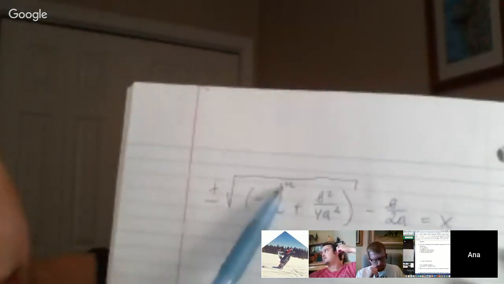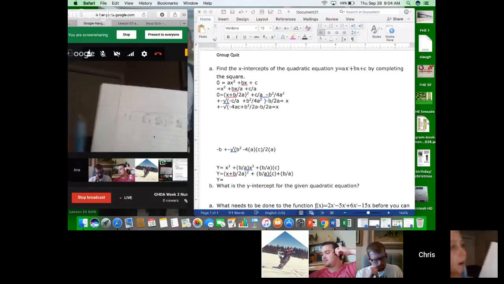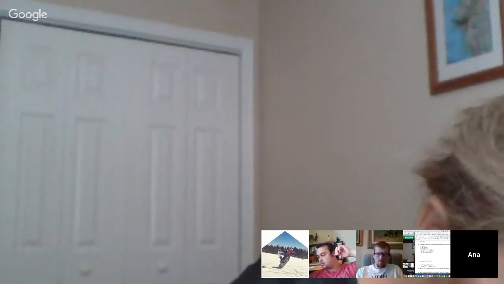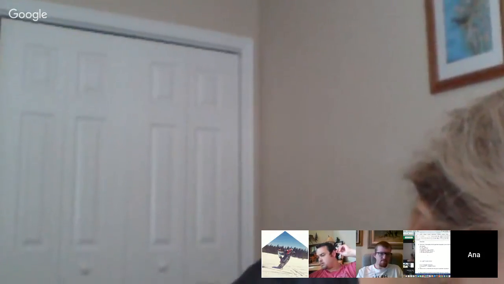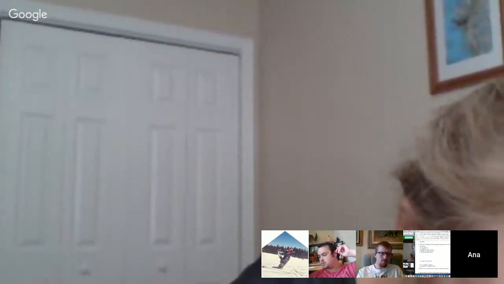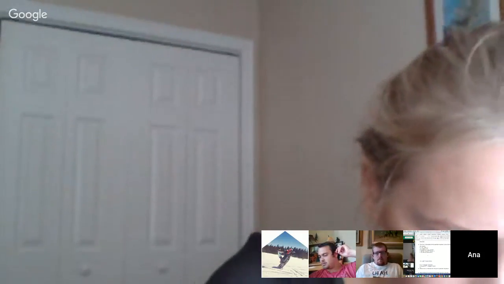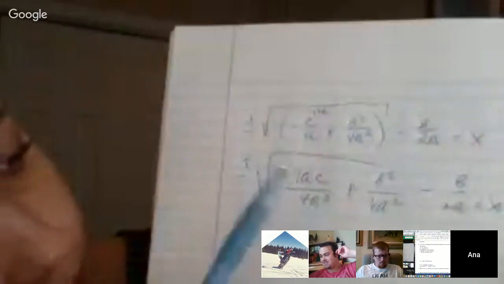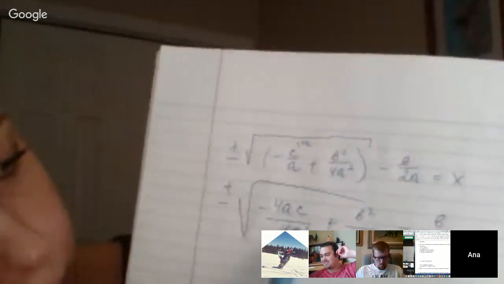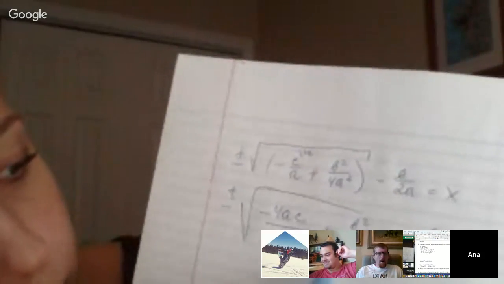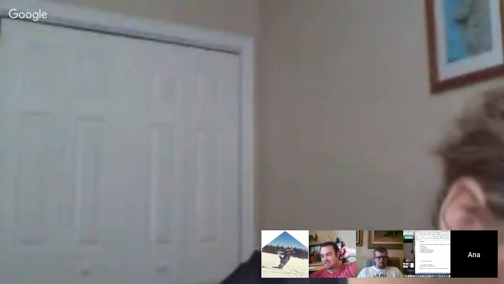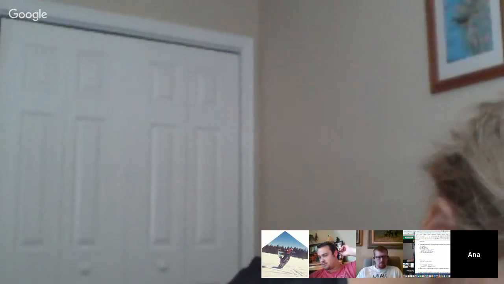So we multiplied c by 4a, and we would get over 4a squared plus b squared over 4a squared. And so we've got the common denominator, and then we would push it under one common denominator, which here will be just 4a squared. So we have minus 4ac plus b squared.